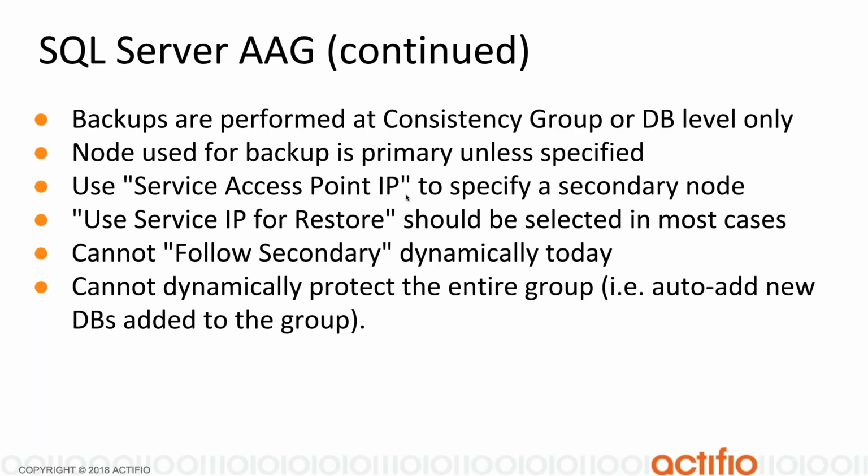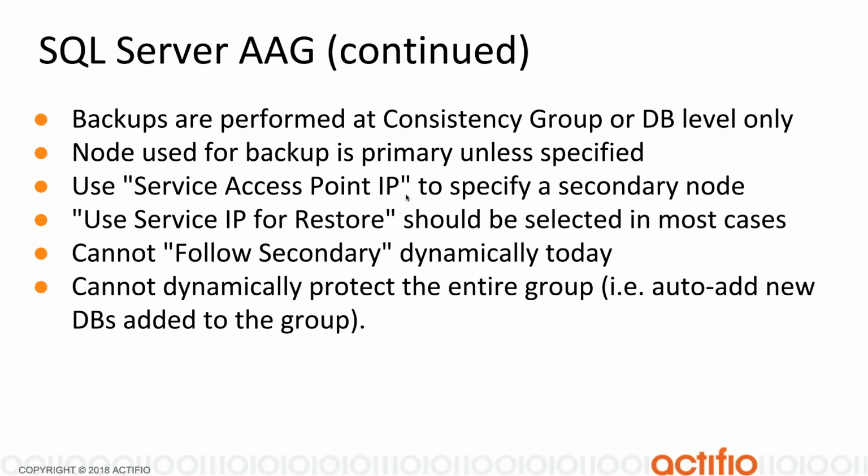And so the typical deployment with Actifio and availability groups is you use that service access point IP and you specify the secondary, and you just always let it back up from the secondary. If you have a role reversal where the secondary becomes the primary, you don't actually have to make any changes. Most often those role reversals are temporary.